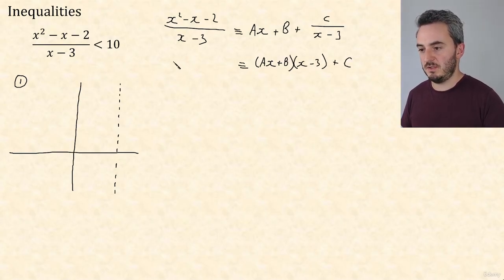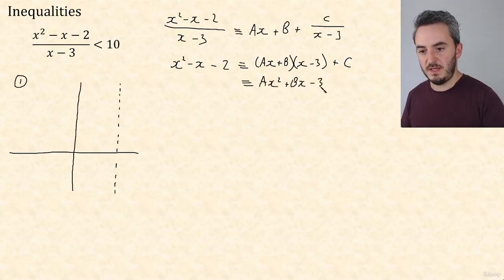And that should be identical with the numerator over here. Okay, comparing coefficients, I guess I want to expand this first. I've got ax squared plus bx minus 3ax minus 3b plus c.